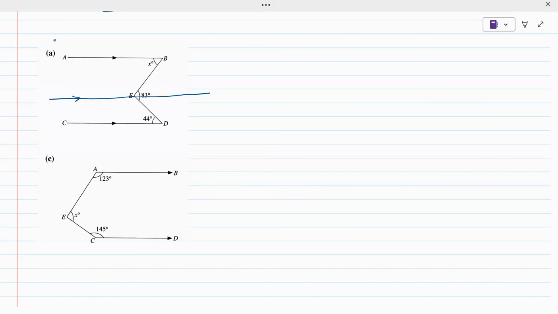This is why this is important here. Now, we have two different pairs of parallel lines. And with these two different pairs of parallel lines, we can see some different angles and some different properties to be applied.